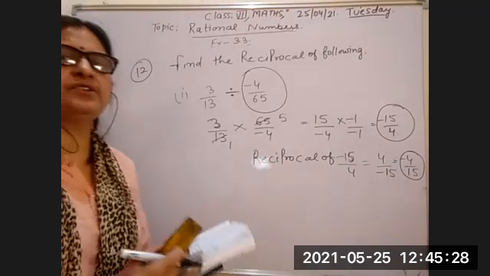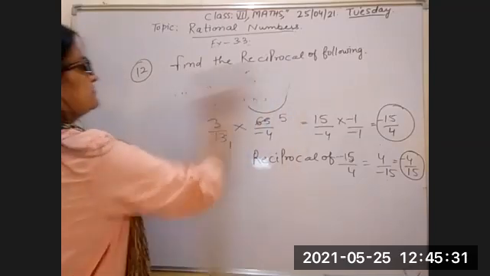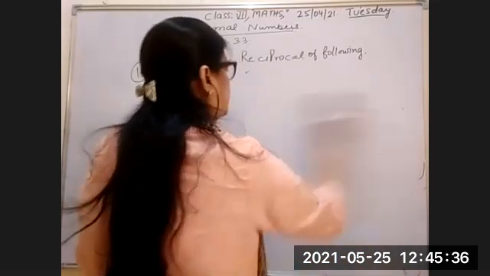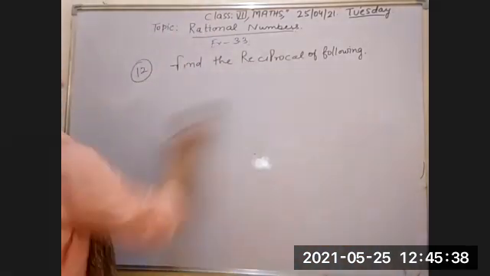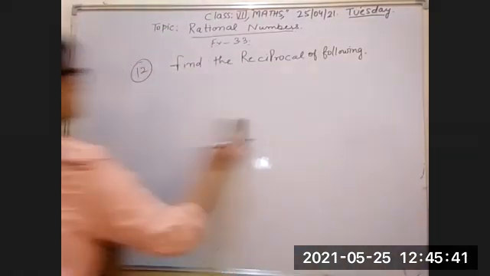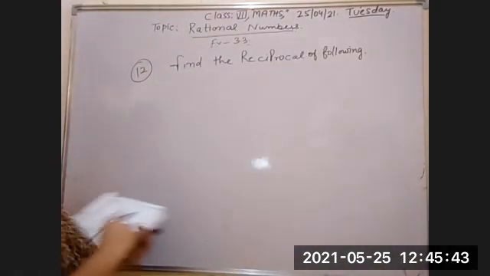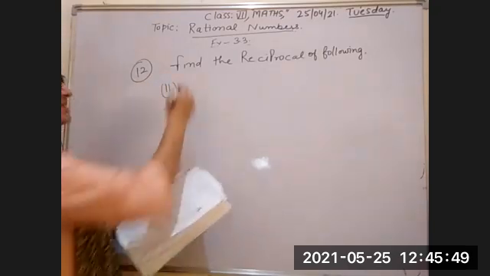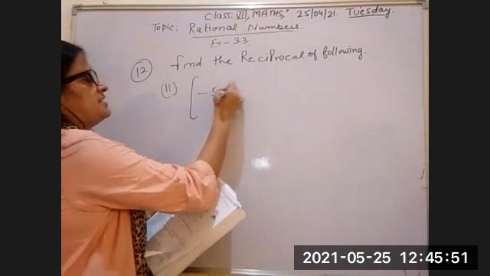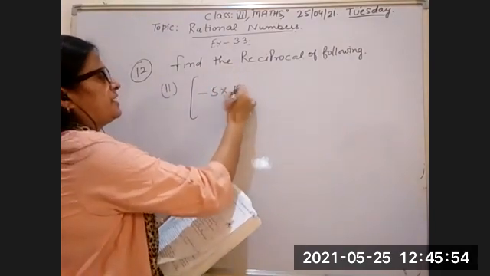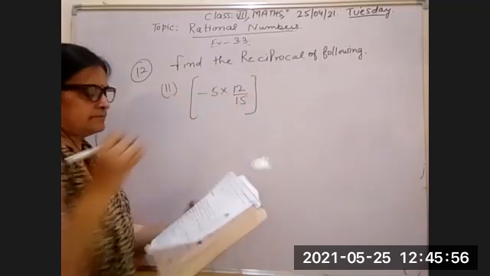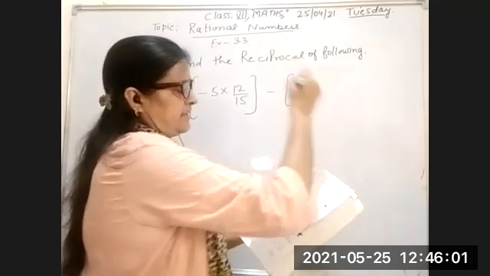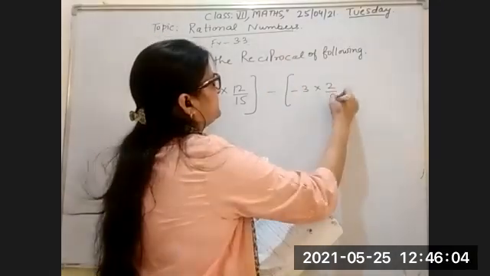Now the second part of the 12th question is minus 5 into 12 upon 15 minus 3 into 2 upon 9.